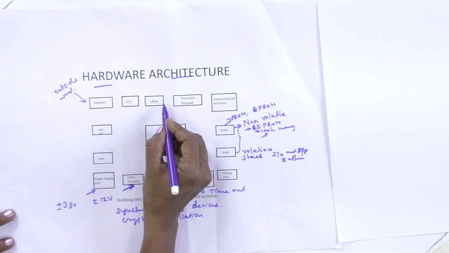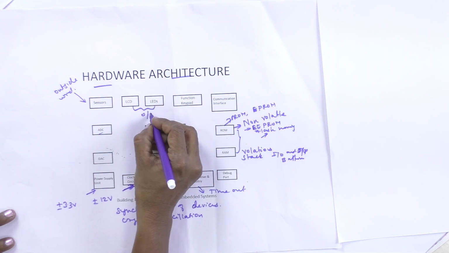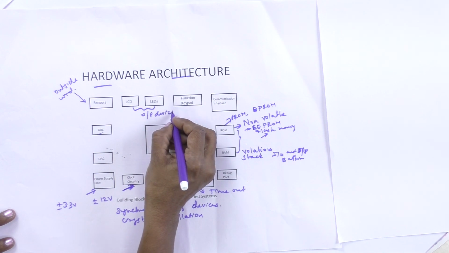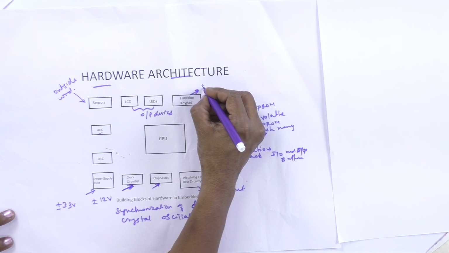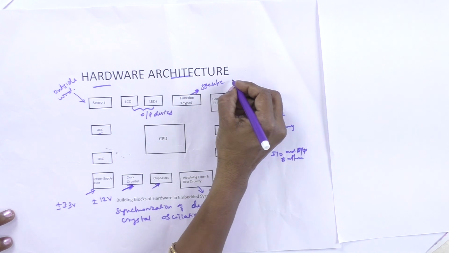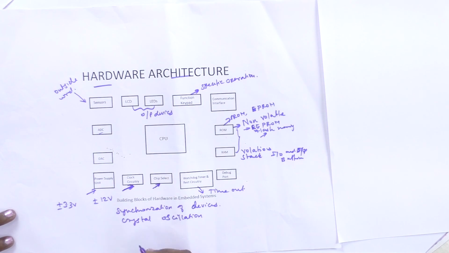The LEDs and the LCDs are the output devices. The functional keypad is used for any specific operation that depends on the task.